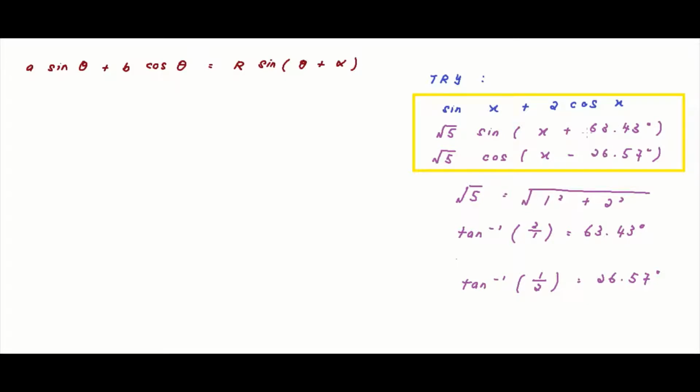We are going to prove this in a much more proper way. In your syllabus, you only learn the case where the constant r is positive, and for your alpha, the angle of displacement, it will always be between 0 and 90 degrees only. So you are not learning anything more difficult than this.